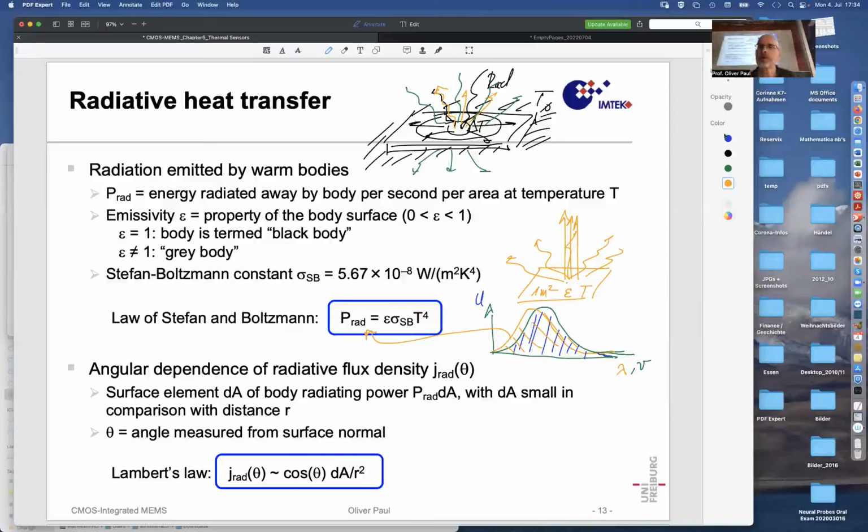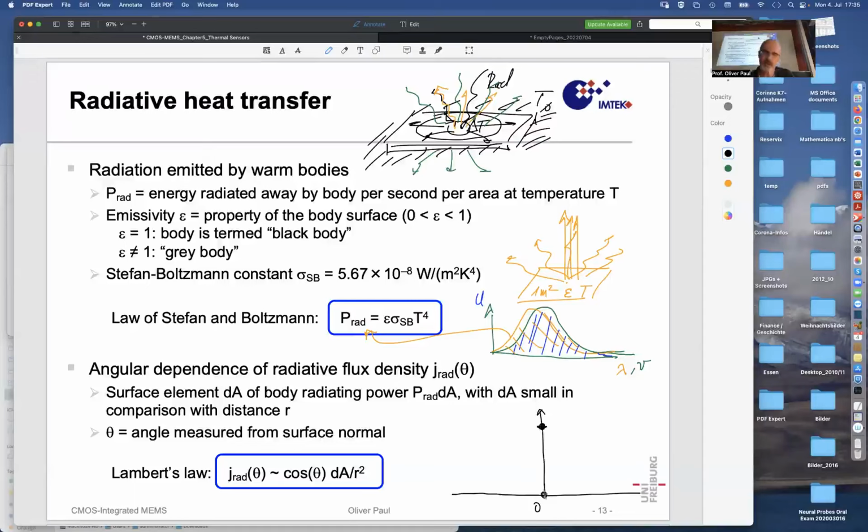So the power distribution as a function of the angle, if I do a polar plot, here is 0. This is the plane of this surface element. In the perpendicular direction, there is a maximum power.